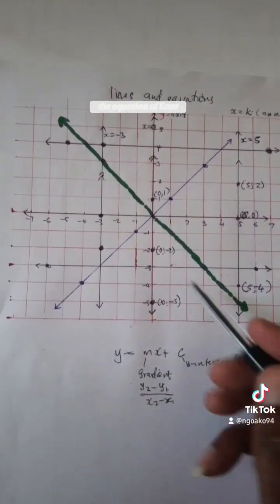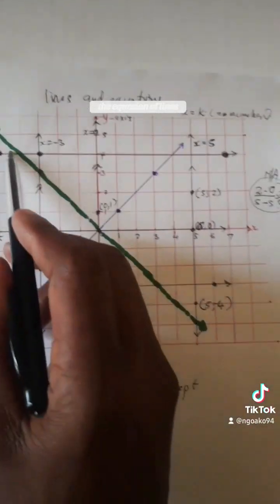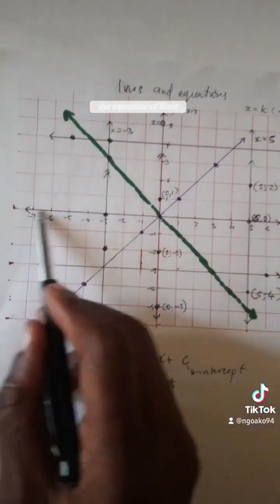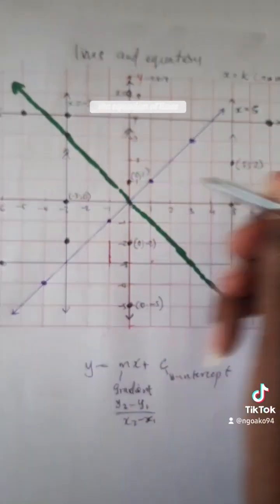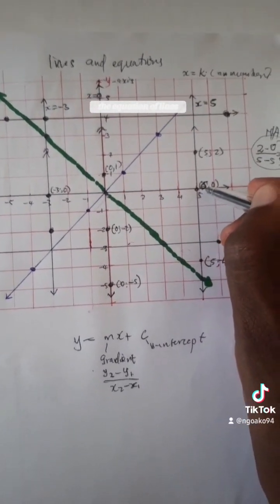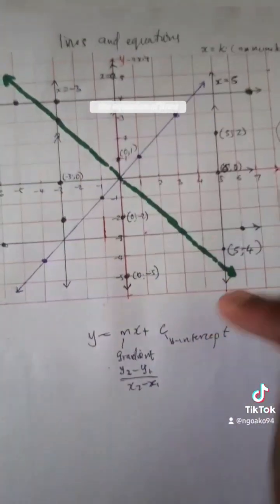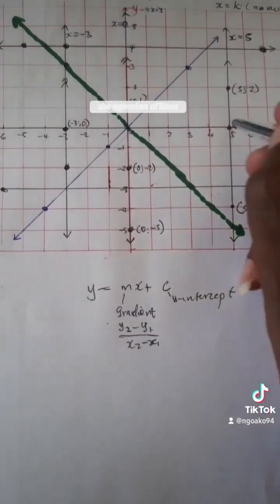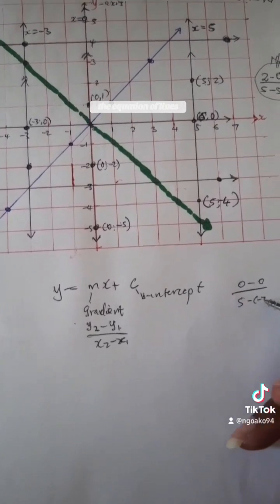Right, now let's go to this line. Now this line is moving horizontal. Let's start here. This line has the coordinates minus 3 and 0, and another one here, 5 and 0. So the value of x is changing, but the value of y remains the same. If you want the gradient, on top the y values will be 0 minus 0, over 5 minus minus 3.